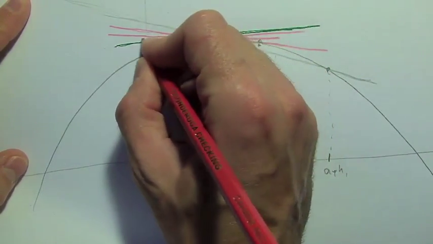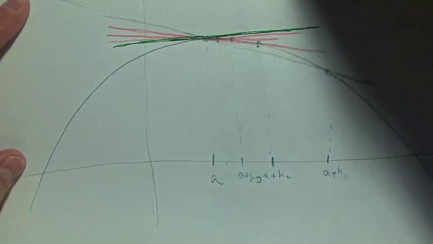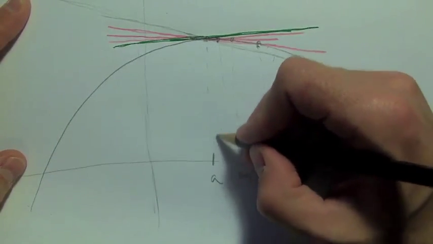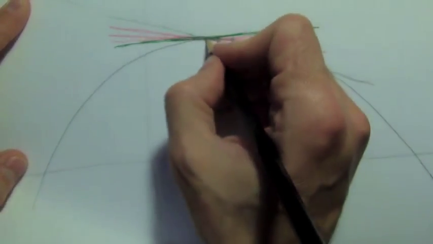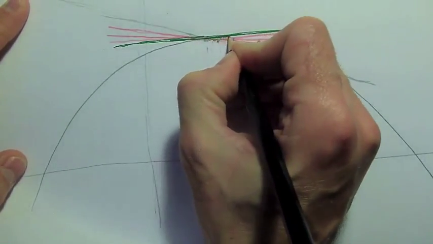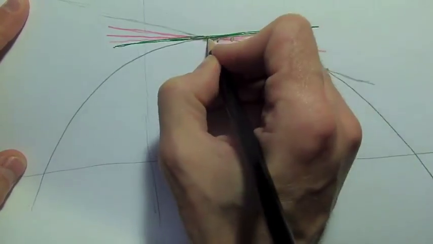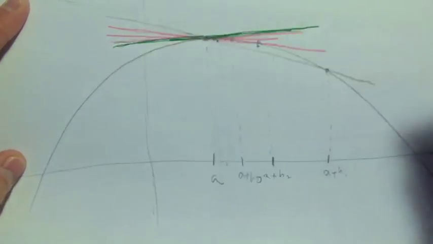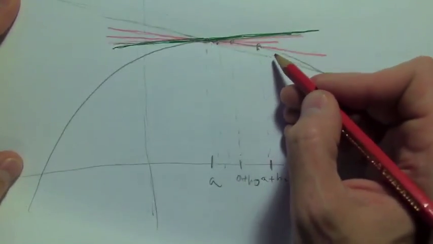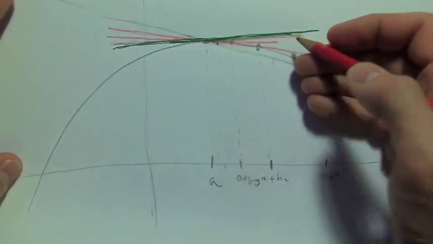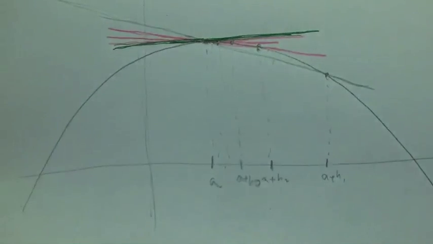Well, hard to see what's going on here, but hopefully, and let's make this one in black. It's a little hard to see from my graph, but everyone see that these lines are getting closer and closer to this green one as I make these secant lines.